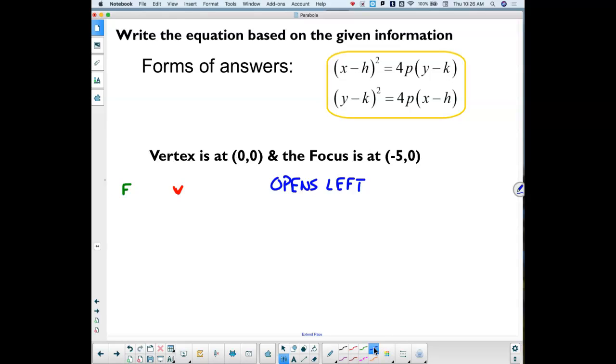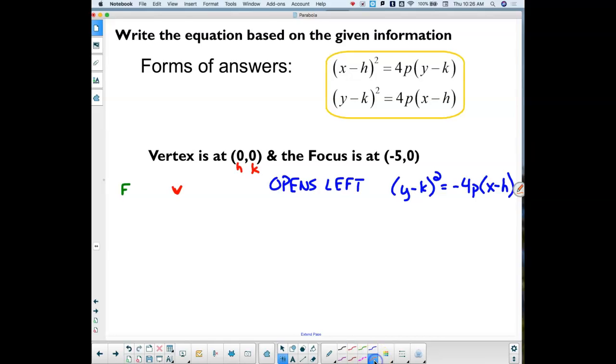Negative 4p. So this is going to look like y minus k, quantity squared, equals negative 4p times x minus h. That's what it's going to look like. Because my vertex is at the origin, that's h and that's k. Because there is a distance here of 5, that's going to be my p-value.